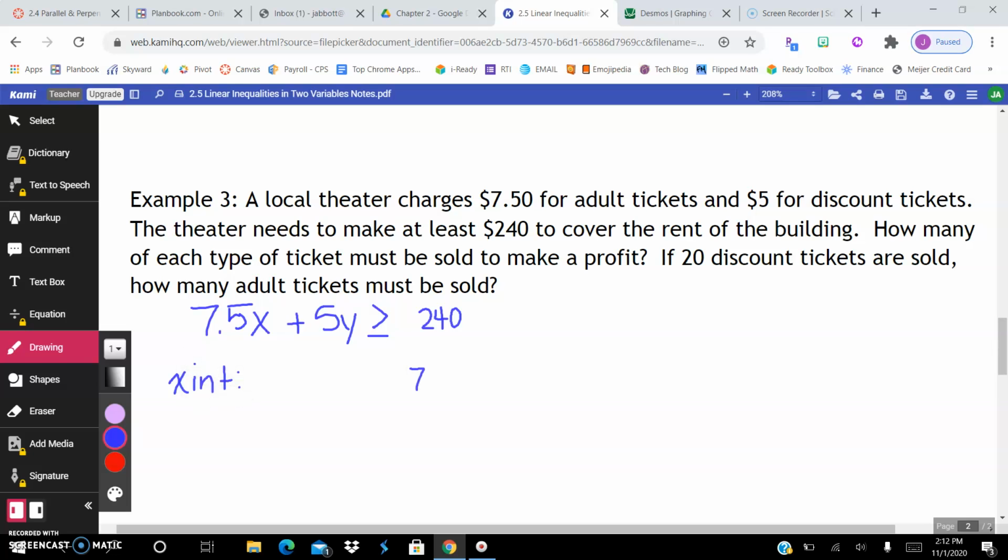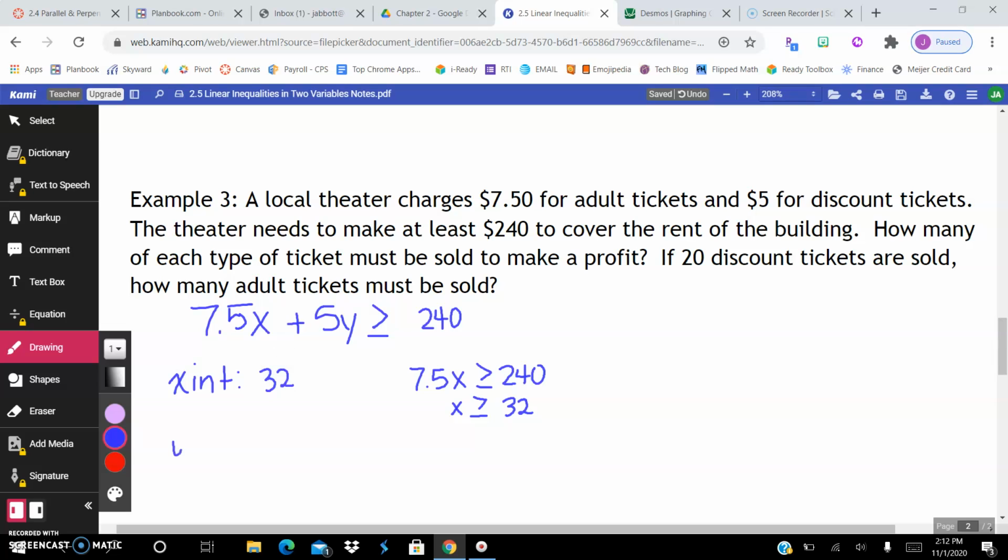So I'm going to have 7.5x, and then 5 times 0 would be 0, so that's gone, is greater than or equal to 240. Then I'm going to divide each side by 7.5. The answer is 32. So our x-intercept is going to be 32.